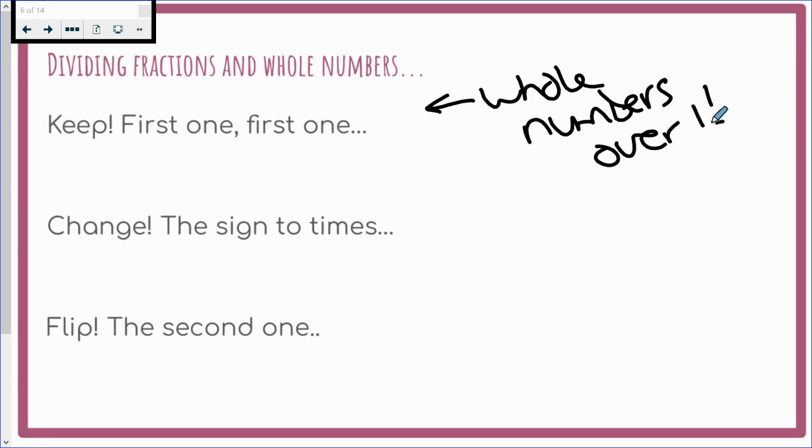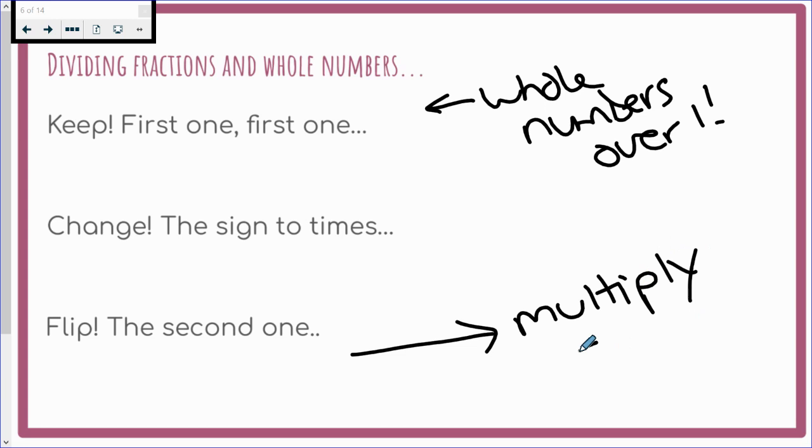Then we keep the first one, change the sign to times, flip the second one. Those are our 3 steps. And then obviously after that, we multiply. And then as always, simplify. So those are going to be our steps.